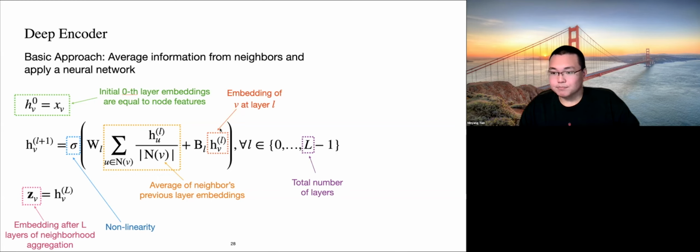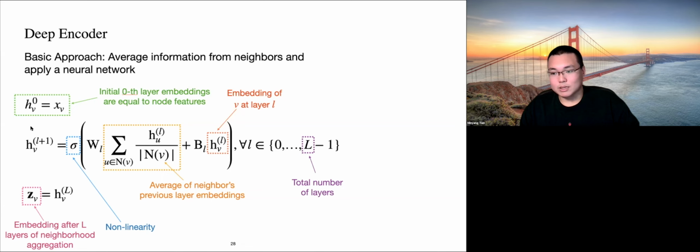So here it is the embedding of v at layer l, which is the previous layer. And here is the average of its neighbors' previous layer embeddings. We multiply them by a weight matrix and apply the nonlinearity or activation function.